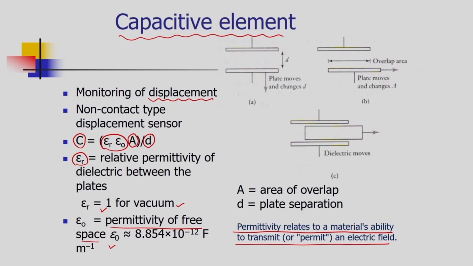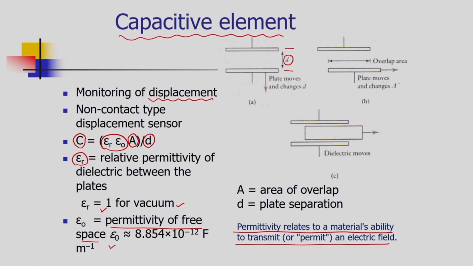So, this useful principle can be utilized for measurement of displacement in our domain, that is manufacturing automation. How? That we will see now. On your screen you can see the configuration: there is a top plate and a bottom plate, and these two plates are separated by a distance d.